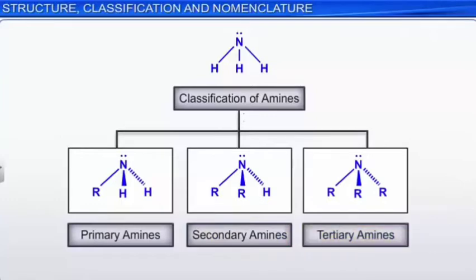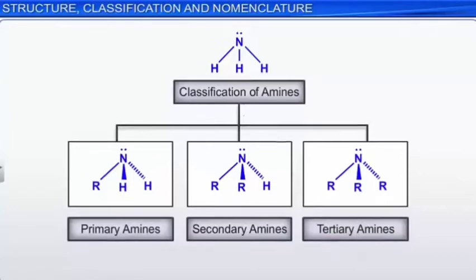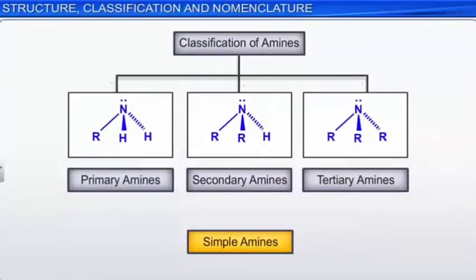The replacement of 1, 2, and 3 hydrogen atoms of ammonia with 1, 2, and 3 alkyl or aryl groups yields primary, secondary, and tertiary amines respectively. Amines are called simple amines when all the alkyl or aryl groups are the same, and mixed amines when they are different.